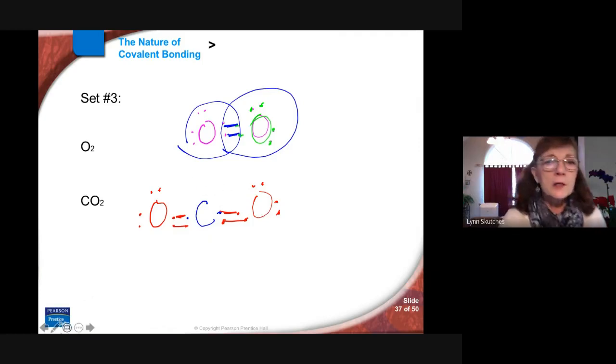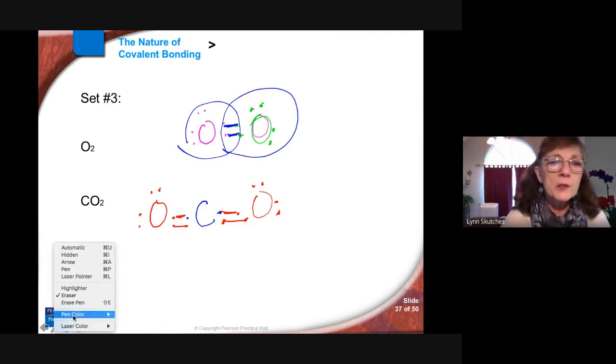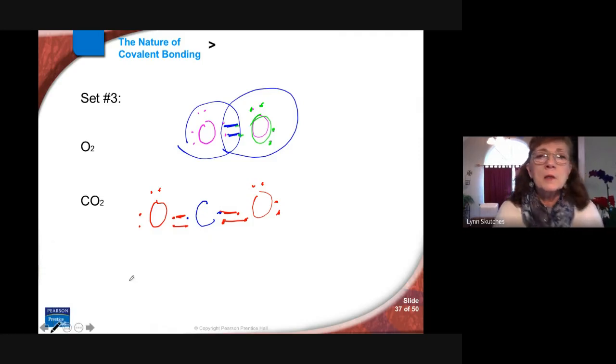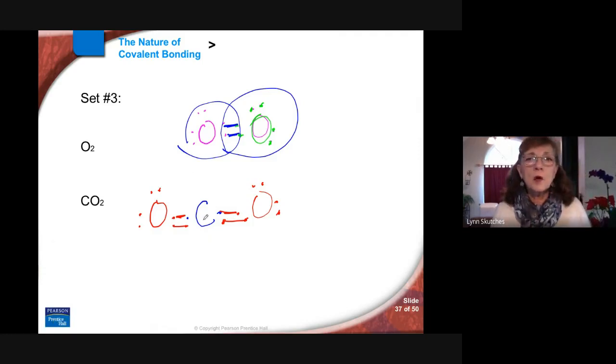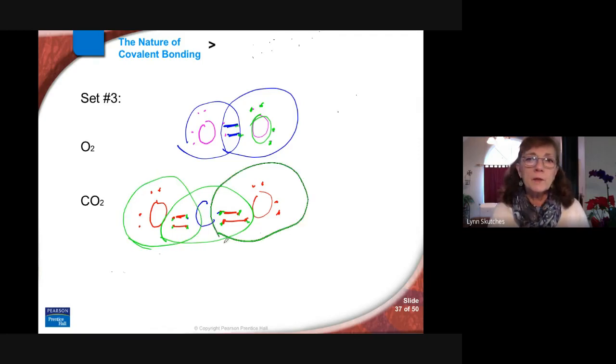So how does that satisfy the octet for each of them? I hope you can see it does. This central carbon has 4 electrons of its own. It borrows 2 from each of the oxygens. So part of the time it has an octet. And then the oxygens have 6, and they borrow 2 from the carbon to get their octet.